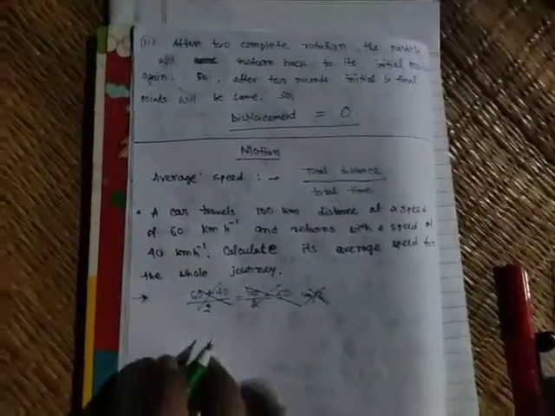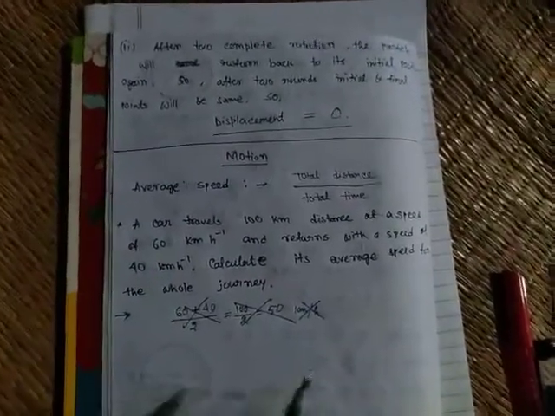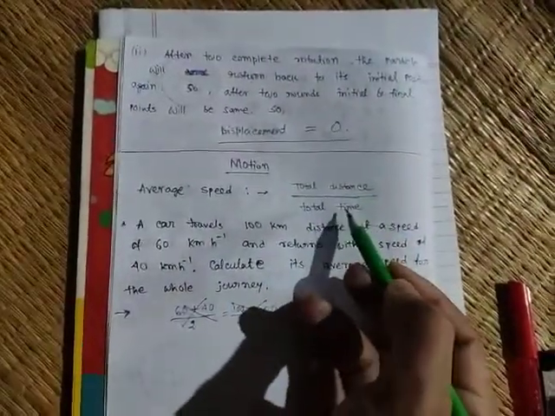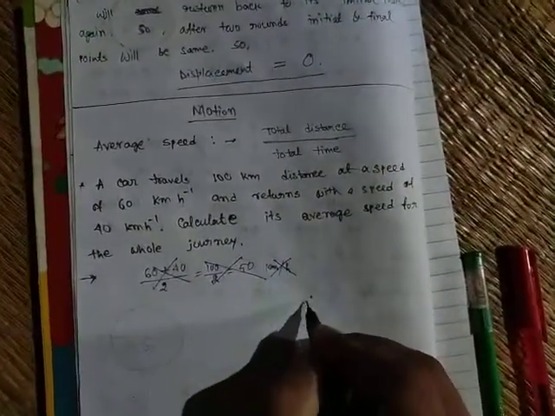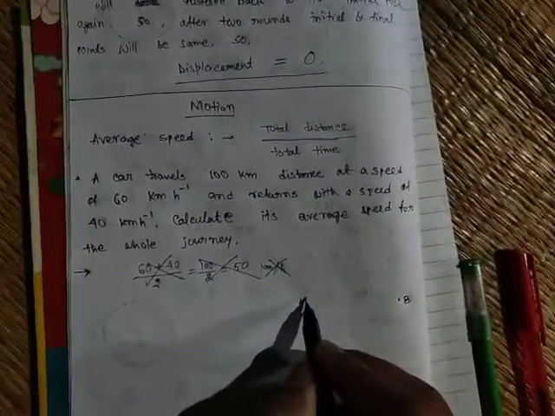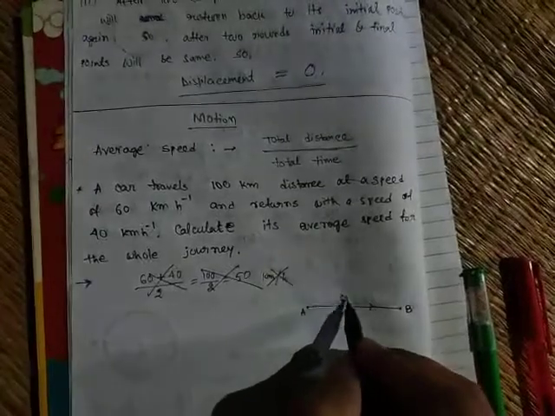Okay, so see, how can we calculate the average speed? To find the average speed we need two quantities. One is total distance, another is total time. Here see what is the total distance. First I am drawing the figure. Suppose this is the point A, this is the point B. The object, a particle, is moving with a speed of 60 km per hour.